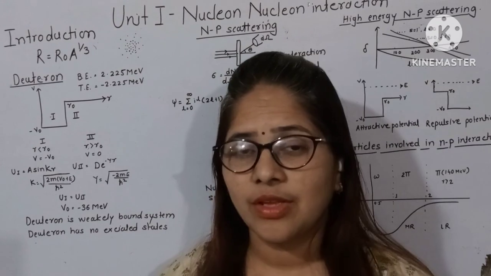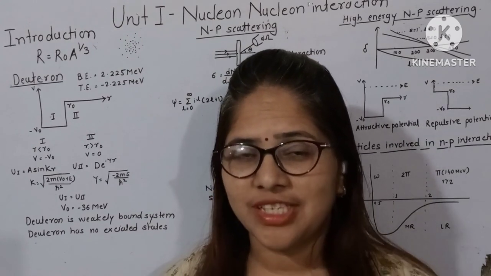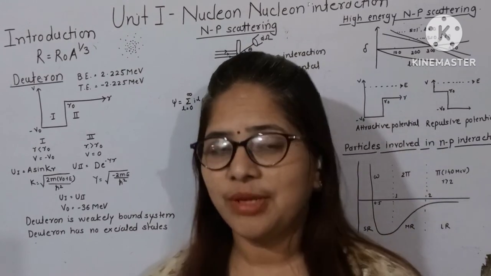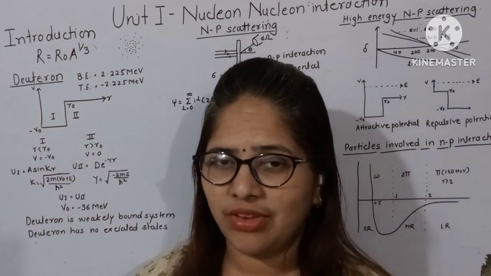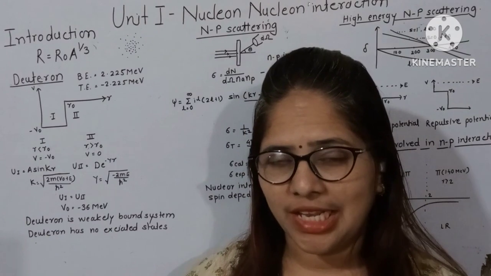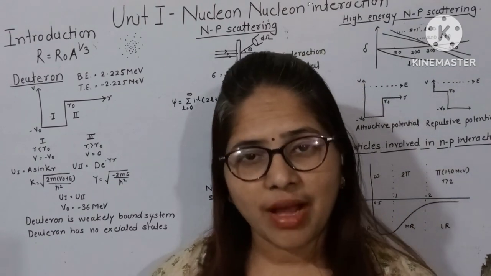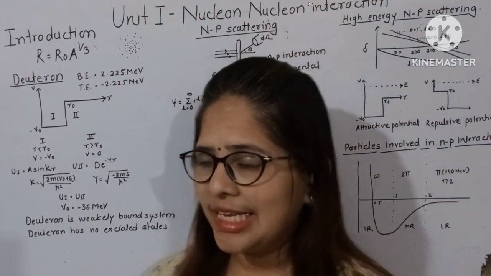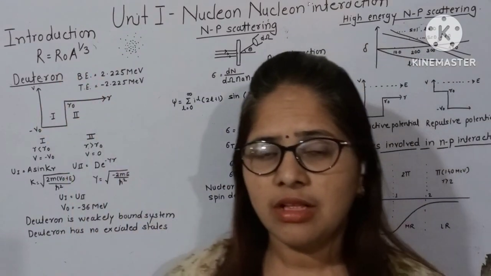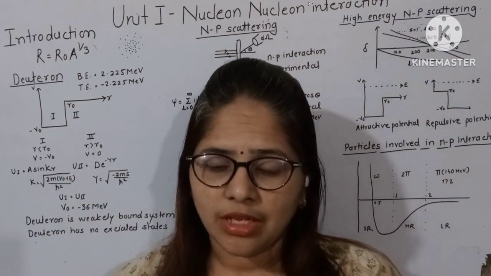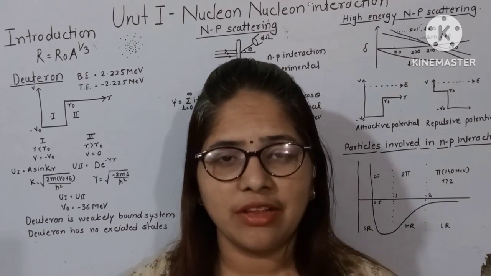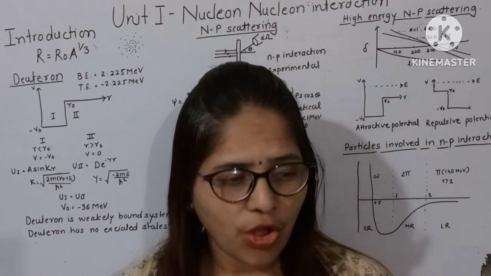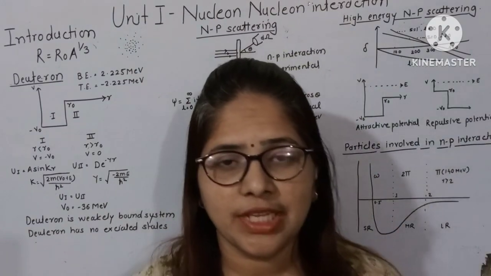The radial extent of the nucleus can be evaluated using the formula R equals R naught A raised to 1 by 3, where R naught is a constant and A is the mass number of the element. Using this formula, from the lighter nuclei to the heavy nuclei, you can evaluate the radial extent of all nuclei.